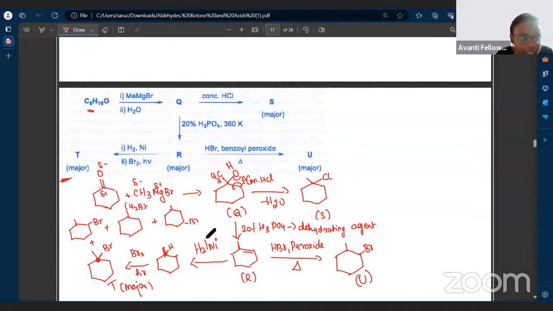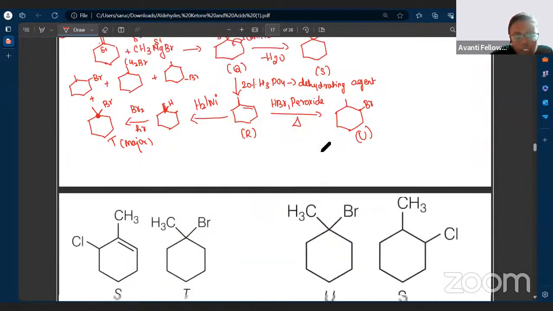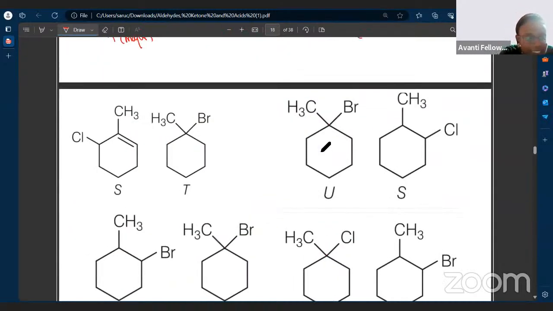So just evaluate by looking into the options. Just check the options and mark the correct answers. So S and T are given. What is S? S is completely having alkane only. No alkene is there. So it is not going to be the right option.